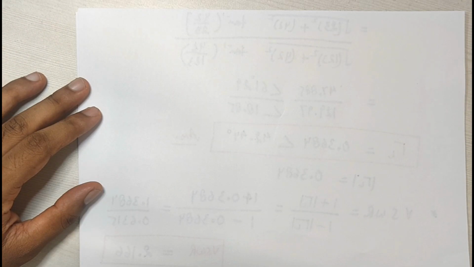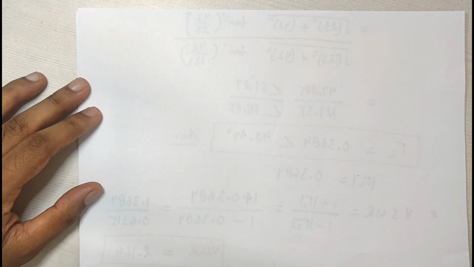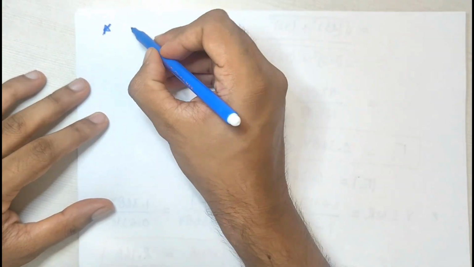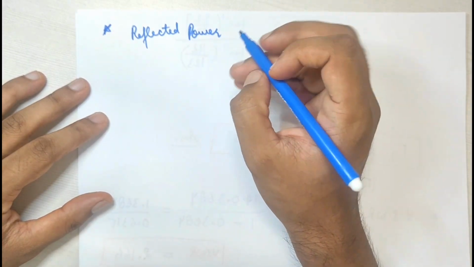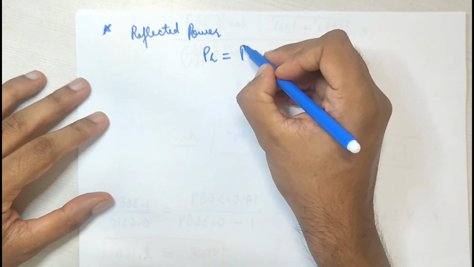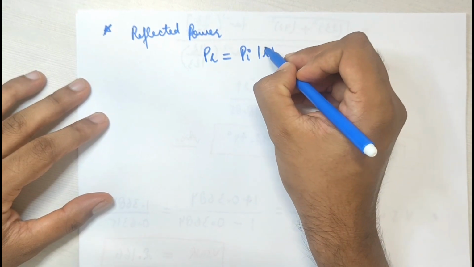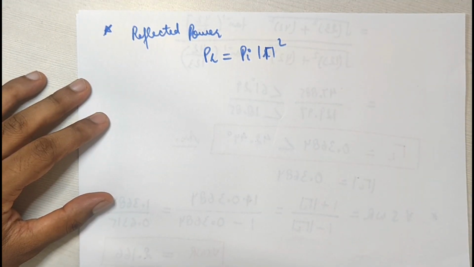Now we need to find the reflected and transmitted power. As we know, reflected power is nothing but incident power into reflection coefficient whole square. This is the formula.